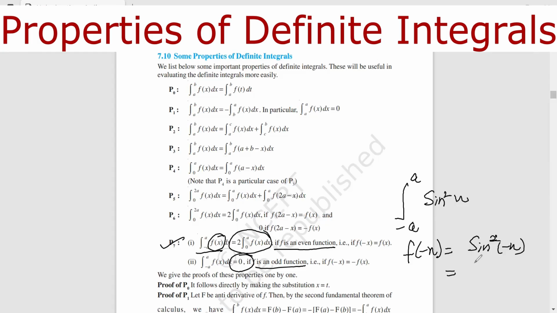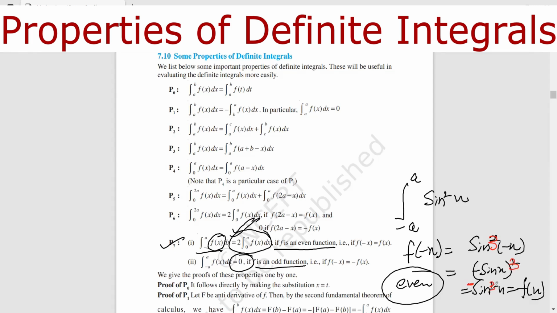So it will be sine of minus x, which is minus sine x, whole square, and my answer is sine square x. That means even after replacing x with minus x, my answer is f(x). That means this function is even. And for an even function, my answer will be this. But if in place of square this was a cube, then it would be the cube of minus sine x, and my answer would be minus sine cube x, so my answer would be minus of f(x). So which function does this become? An odd function. In case of an odd function, my answer will be this.